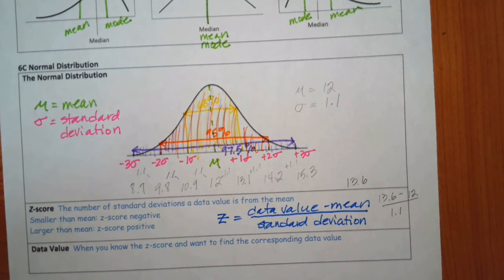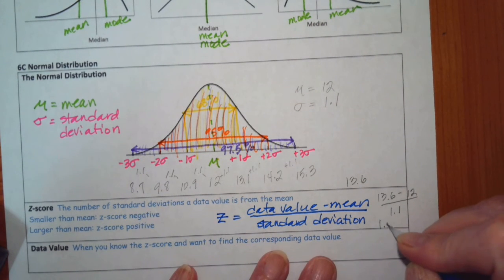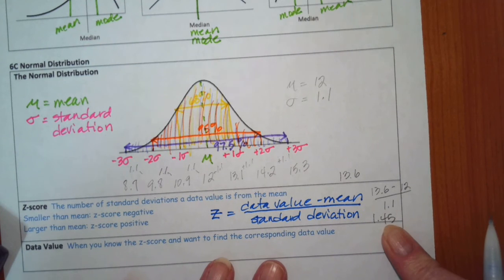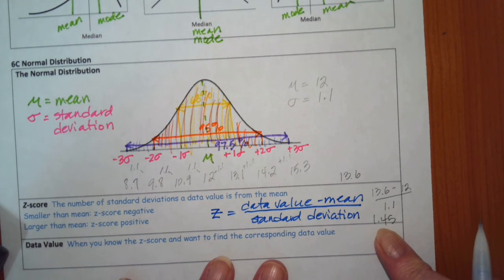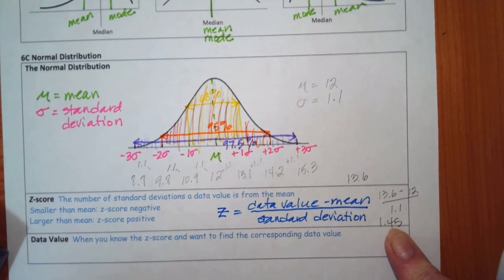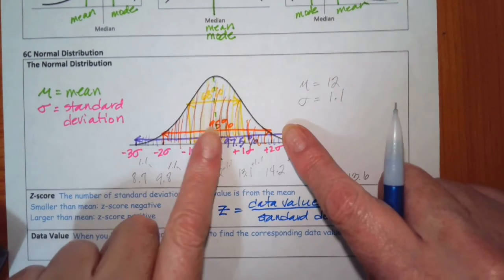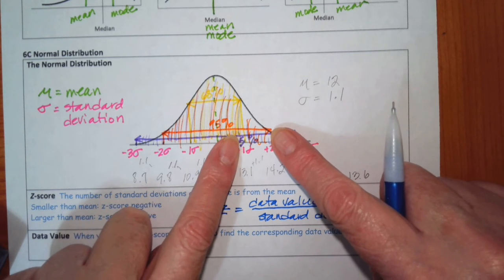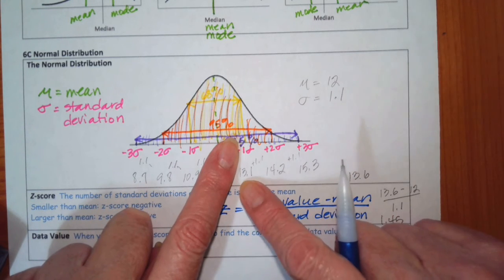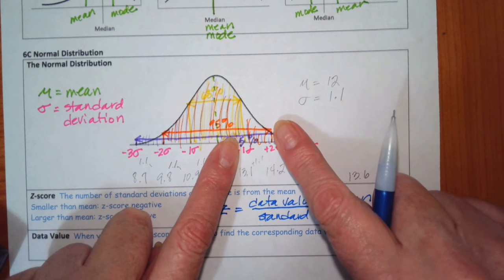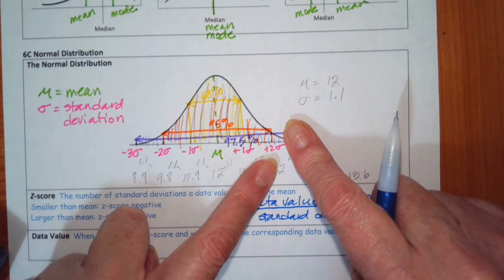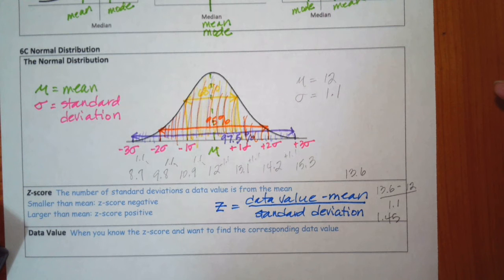So 13.6 minus 12 divided by 1.1, I get a z-score of 1.45, which means, since it's positive, it's to the right. 13.6 is 1.45 standard deviations from 12. And that makes sense, okay, because 13.6 is in between 13.1 and 14.2, which means it's going to be between 1 and 2 standard deviations.